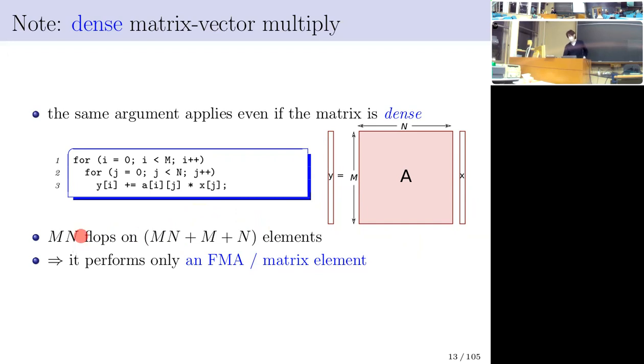The fact remains pretty much the same: you perform only mn FMAs over mn different elements. So in terms of arithmetic complexity, it's exactly the same as the sparse matrix vector multiplication case.